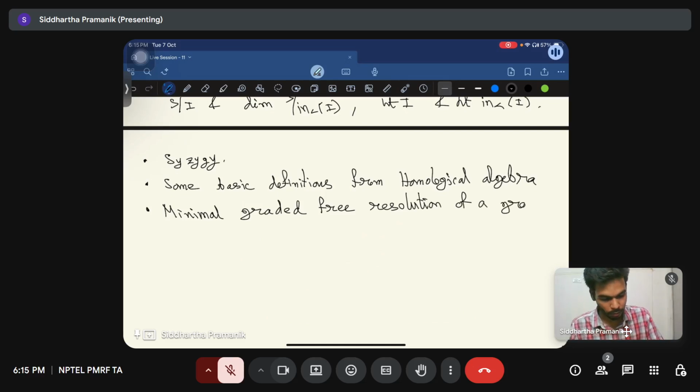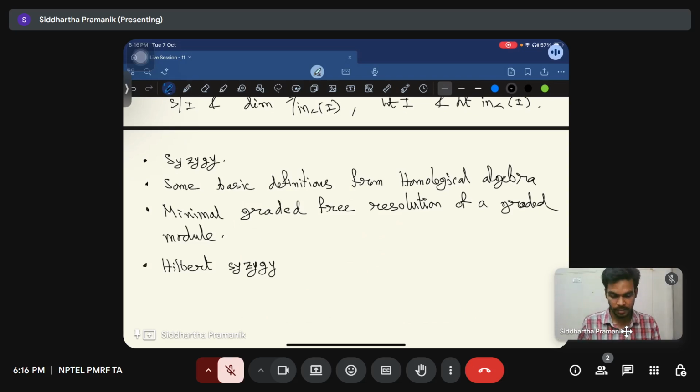So of a graded module, then the important theorem, the Hilbert-Syzygy theorem, which talks about the length of the minimal graded free resolution of a finitely generated graded module over a graded ring.